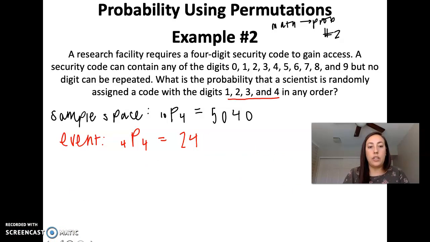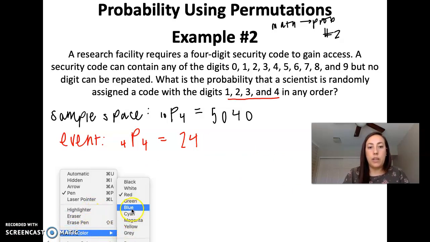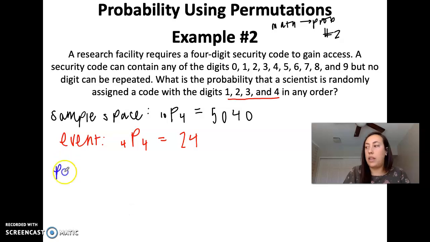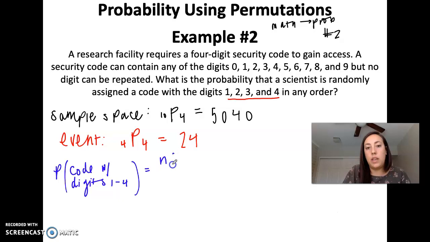And now we can actually calculate the probability. So I'm going to switch my color again. So this is the probability that we get a code with the digits 1 through 4. And remember from the last time, we do the number of outcomes in our event divided by the number of outcomes in our sample space.